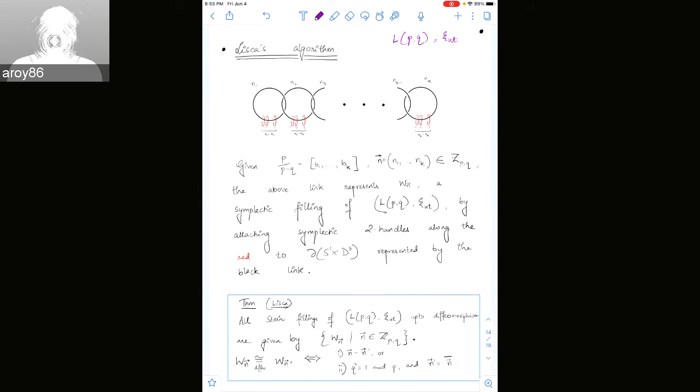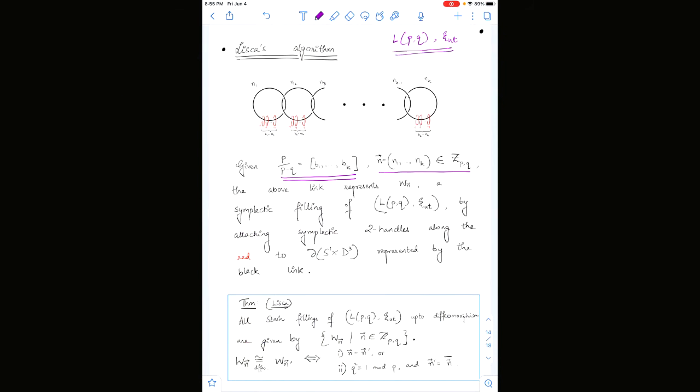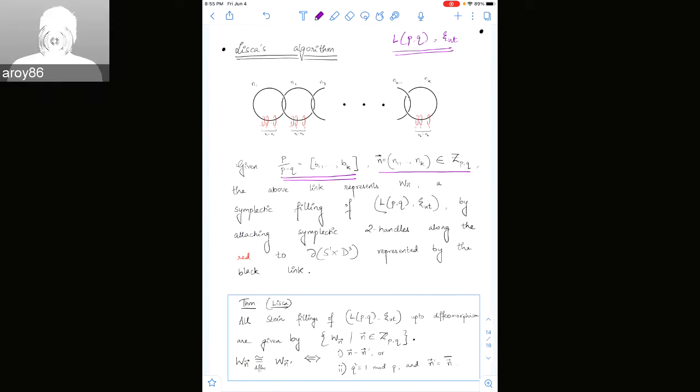What you first do is write down the continued fractions expansion of P over P minus Q. And then for every null sequence that is compatible with PQ, you get a unique filling, up to diffeomorphism, of the universally tight L(P,Q). And how you build that filling is given by this description.